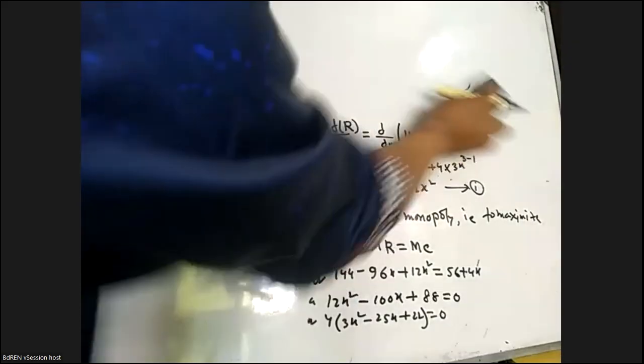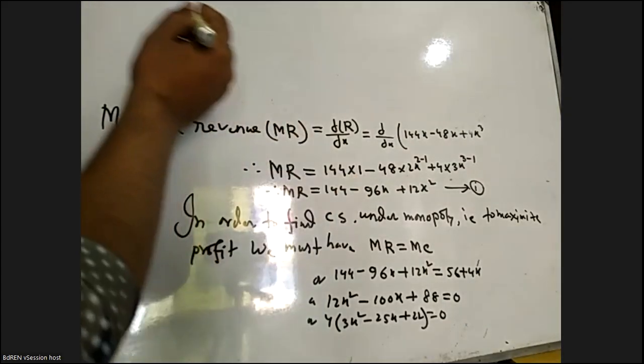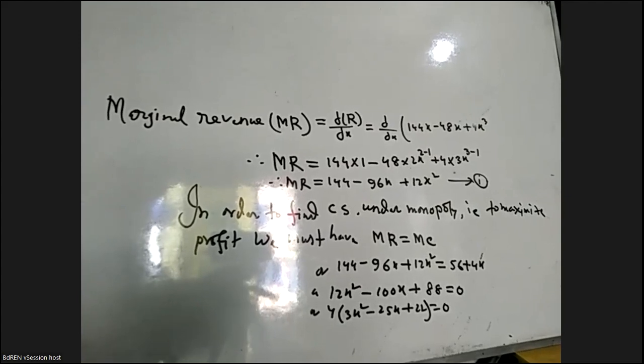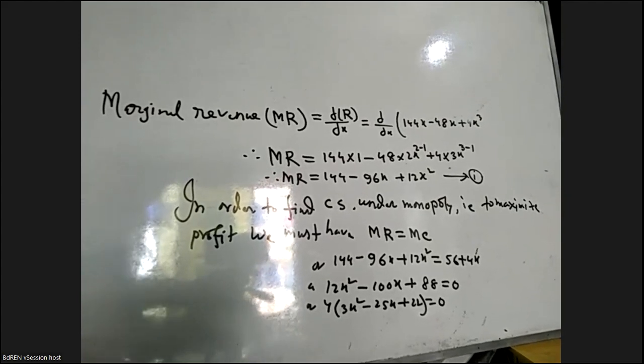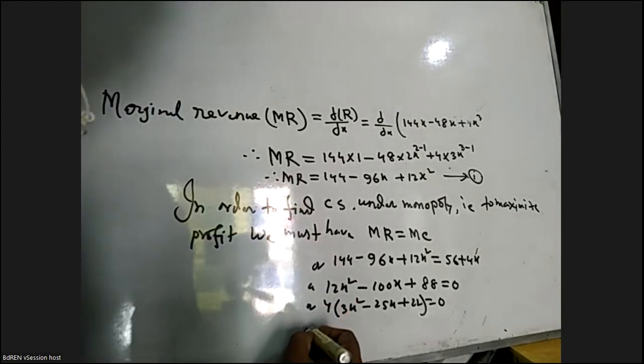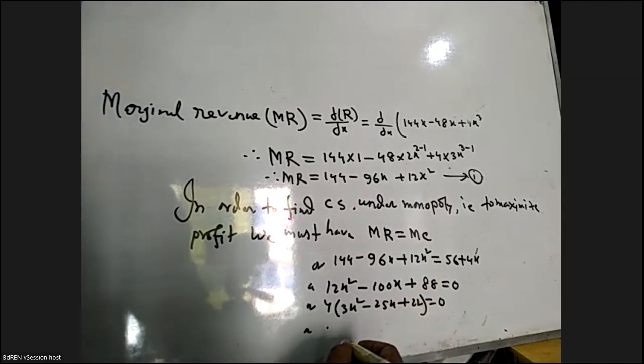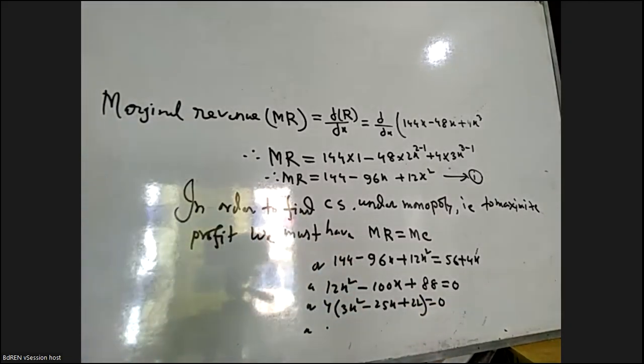So after this line, dividing by 4, we get, for factorizing, 3 multiply 22. This will be 66. So factorizing this one, 66 can be written as 2, 3, 3, and 3, 11.